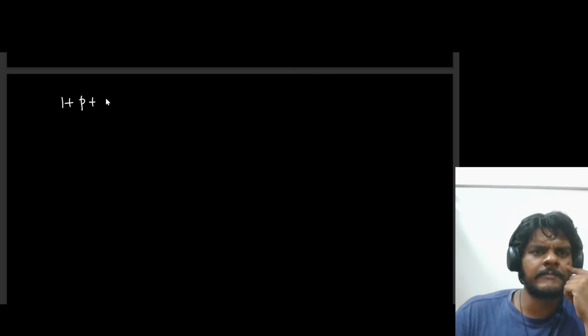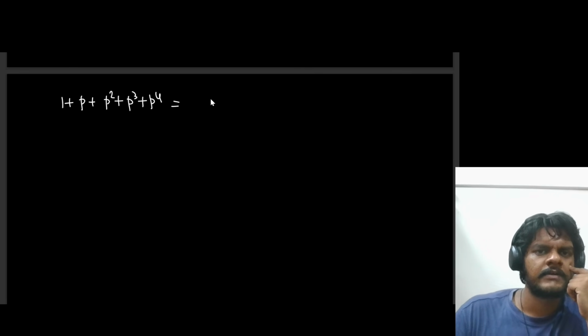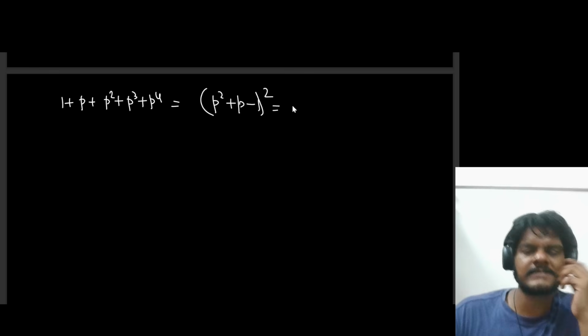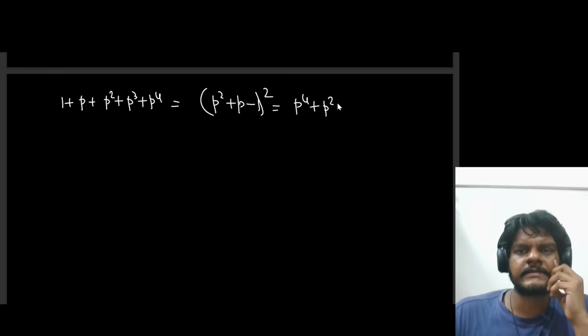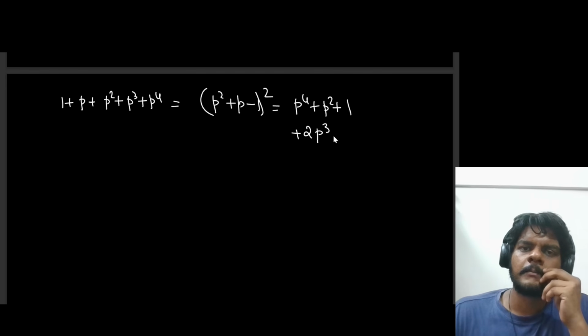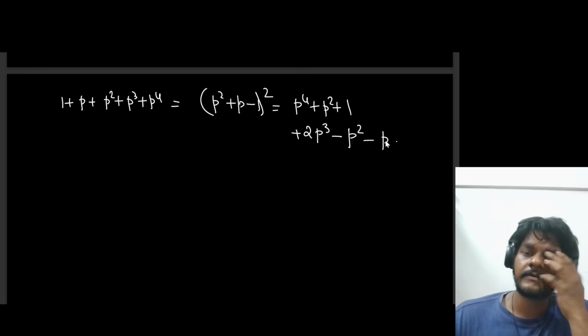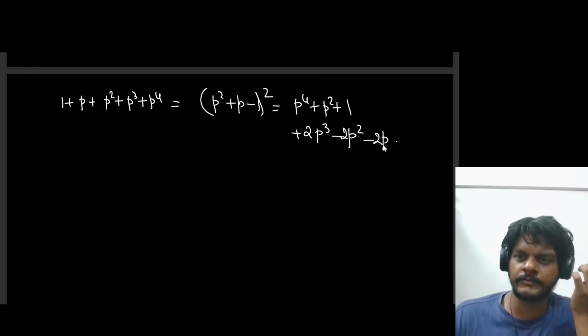What do we do now? We substitute it in the original equation. That's what I want to do. So 1 + p + p² + p³ + p⁴ = (p² + p − 1)². What is this? This is p⁴ + p² + 1 + 2p³ − 2p² − 2p.